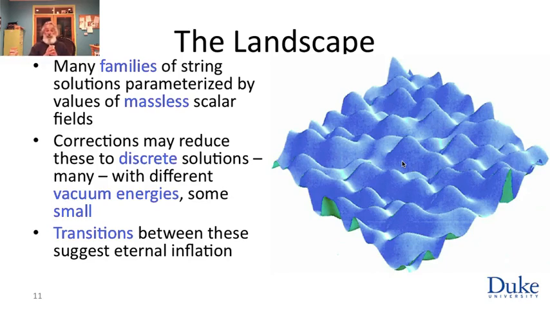And it is possible to construct, with some effort, models like this, which seem to have parametrically tiny non-zero cosmological constants, which makes them viable models for the universe we live in. They're not unique. There are other models with larger cosmological constants, but that's okay.